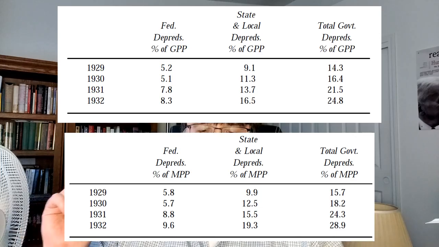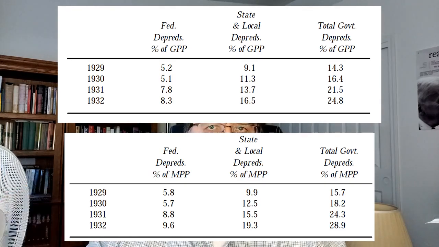And then finally, we have Tables 8.3 and 8.4. Now, these are percentage versions, where basically what you do is you take the gross private product or net private product. Table 8.3 is about the gross private product. Table 8.4 is about the net private product. Aside from that, they have identical derivations. So for Table 8, column 1, we have as our title for this data set, federal depredations as a percentage of GPP.